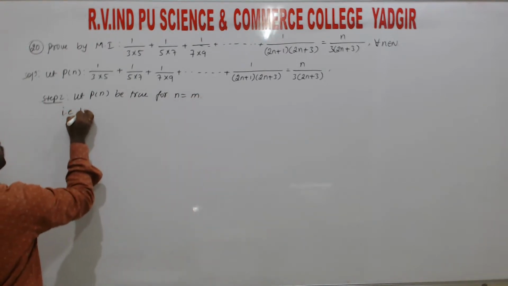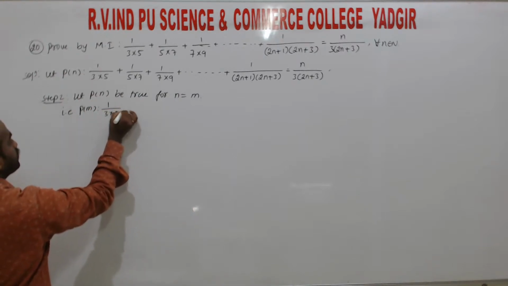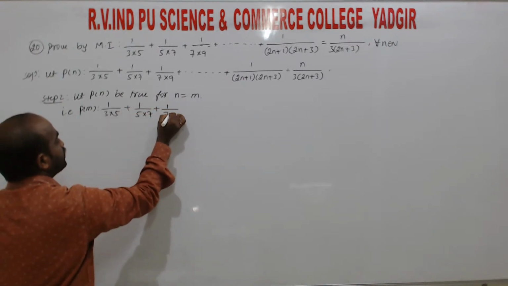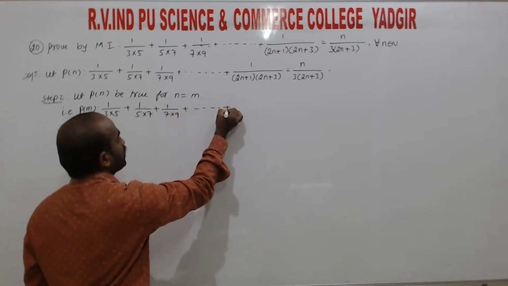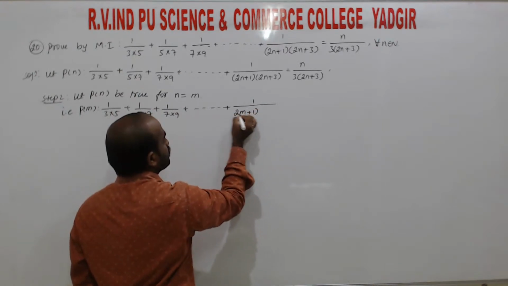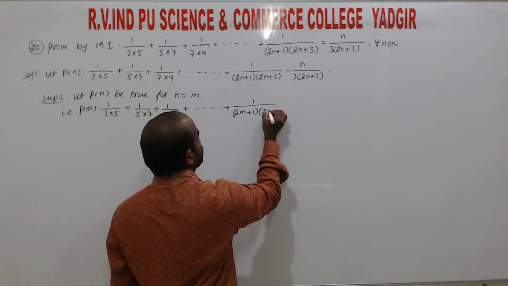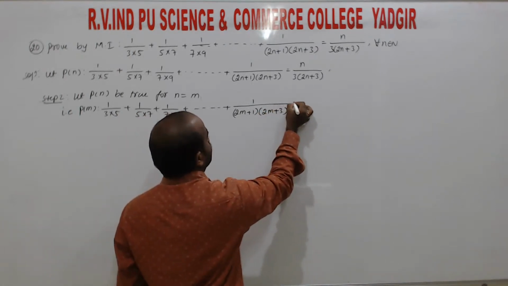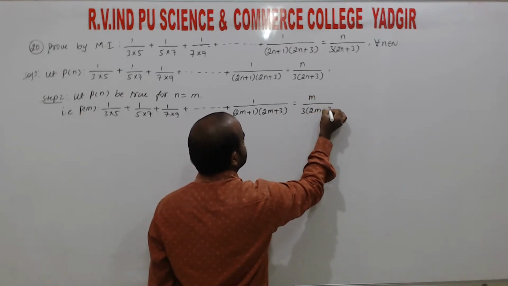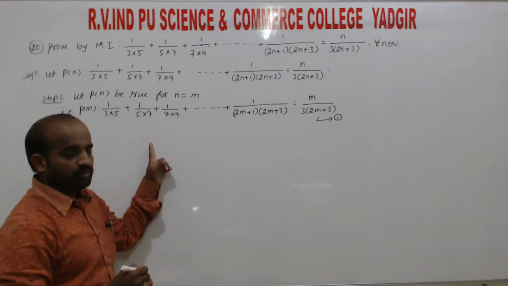That is P(m): 1/(3×5) + 1/(5×7) + 1/(7×9) and so on, up to 1/((2m+1)(2m+3)), equal to m/(3(2m+3)). This is equation 1.